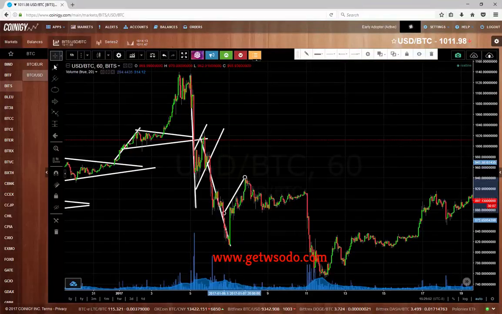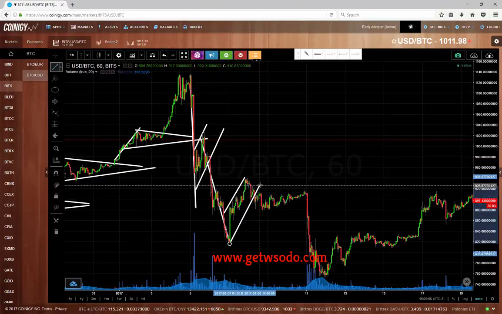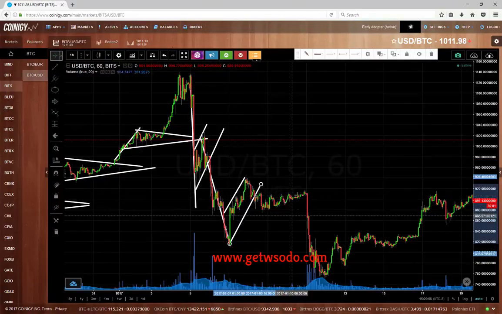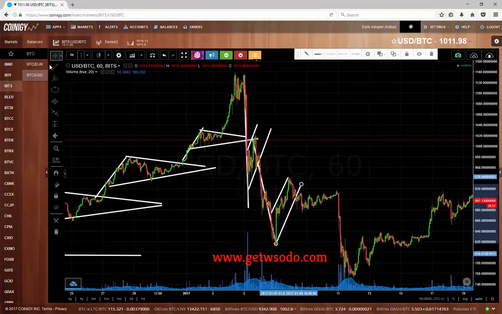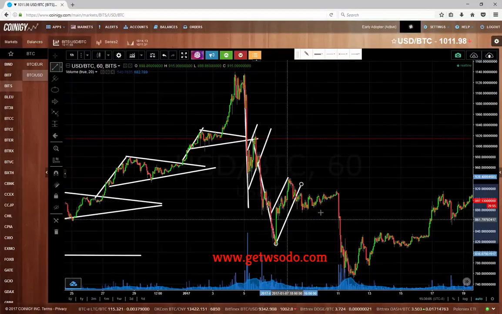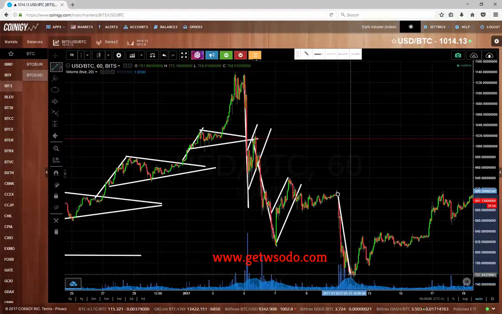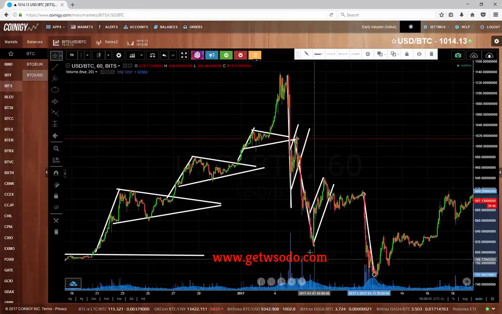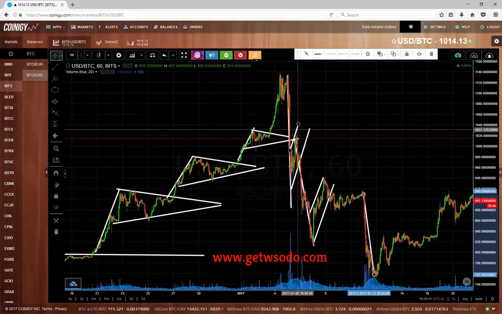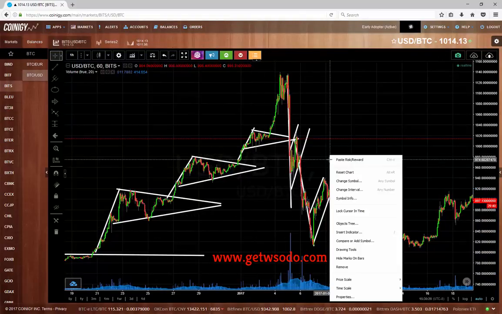You see how it just retraces away from the direction in which it's going, and then it breaks down again and does the same thing, right? So it doesn't necessarily always mean that it's going to continue on its trajectory, but what it usually means is that during the first one, there are usually secondary or third moves, right?